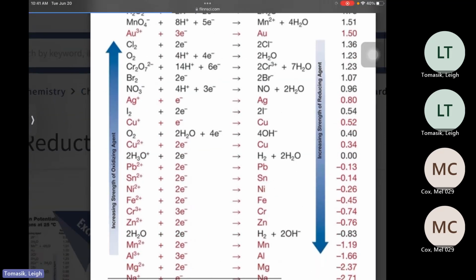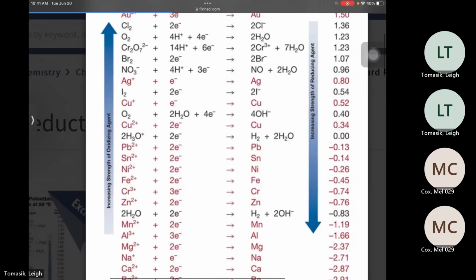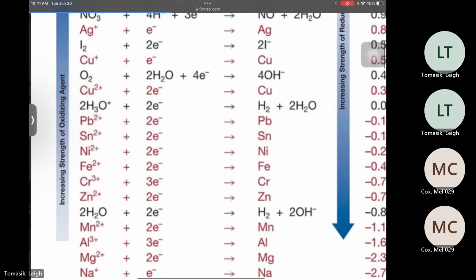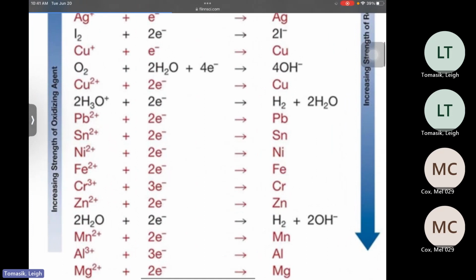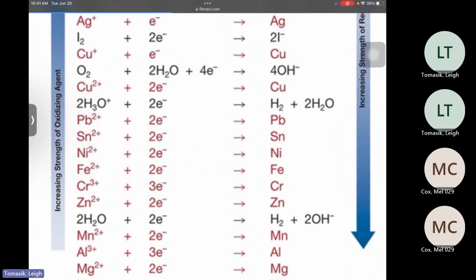Okay, so I've put it up so that silver is at the top of my page and aluminum is second from the bottom. So silver is going to be reduced here. It's going to be my cathode because it's higher, and aluminum is going to be my anode because it is lower.